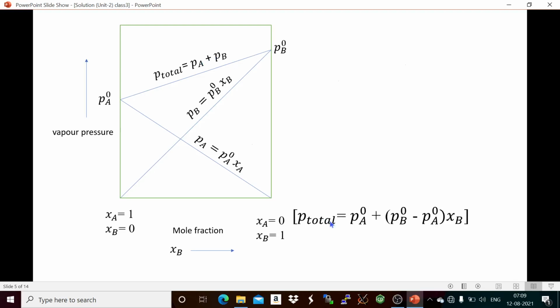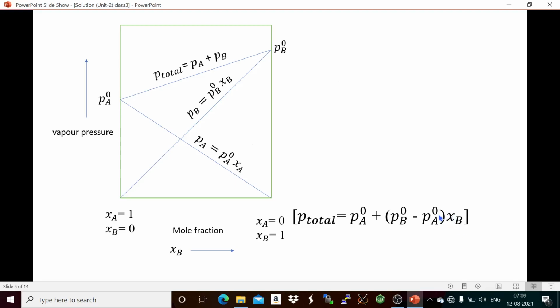Now again we know that P total in terms of XB is PA naught plus (PB naught minus PA naught) XB. So it is y is equal to mx plus c. So it is a straight line again. When XB is minimum, the value is 0.